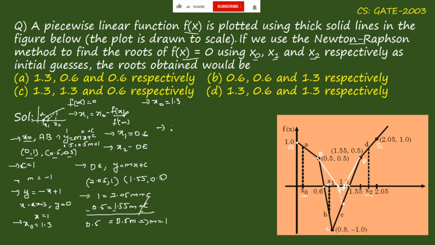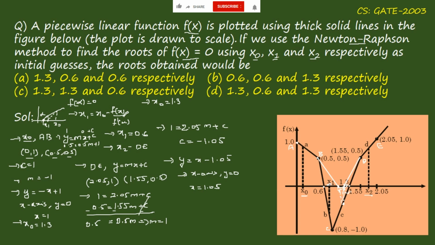As m is 1, we get 1 = 2.05m + c, so c is -1.05. Substituting the values here, you get y = x - 1.05. On the x-axis, y = 0, then x = 1.05. So it meets at the point 1.05.